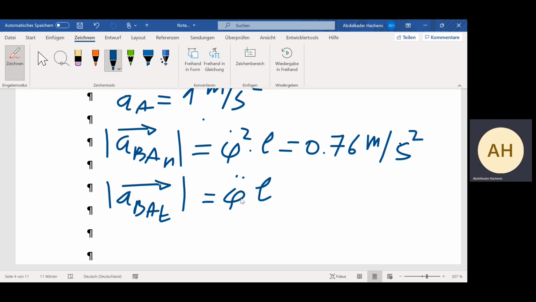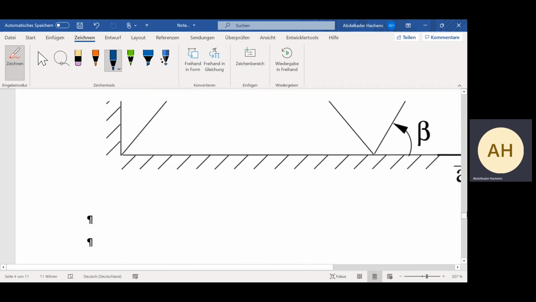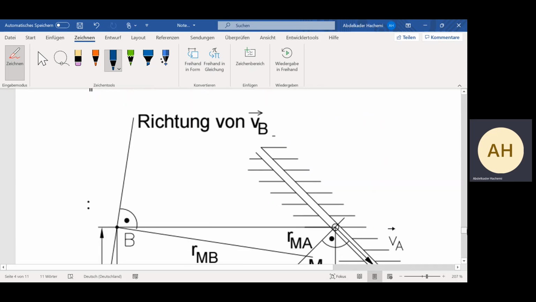As we said, it's only omega dot cross the position vector. It will be perpendicular to the line of the position vector. Here we know the direction and we also know the magnitude.